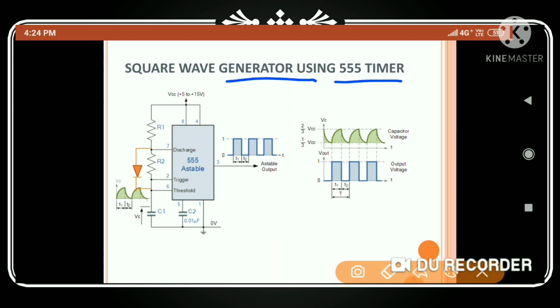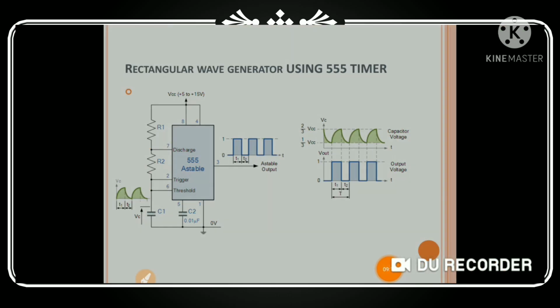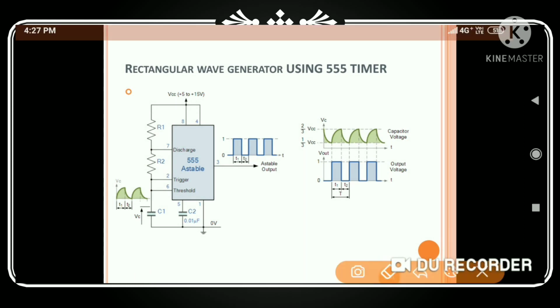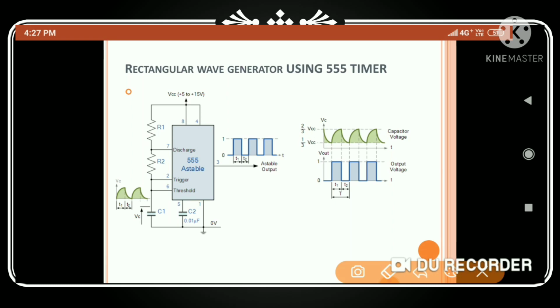In the 555 timer, I told you that there will be two comparators, comparator 1 and comparator 2, and one flip-flop. Okay. So now see the diagram. See in the diagram here the pin configuration of this 555 timer. Here in the 555 timer we are using comparators. Comparators means what? Op-amps we are using.